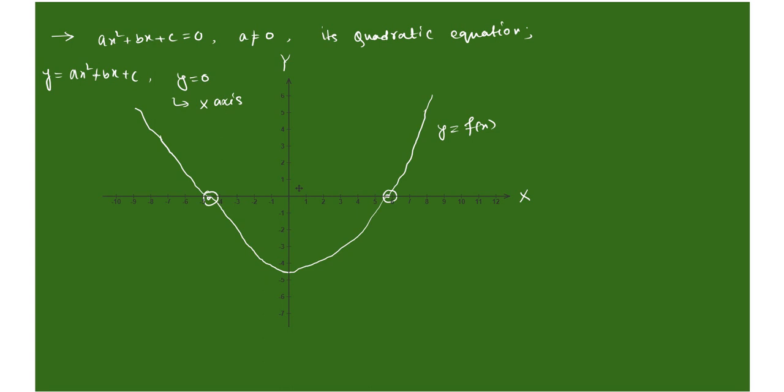So let's take x1 and x2. The x-axis and the curve intersect at x1 and x2, and for that, x1 and x2 are the roots of f of x.